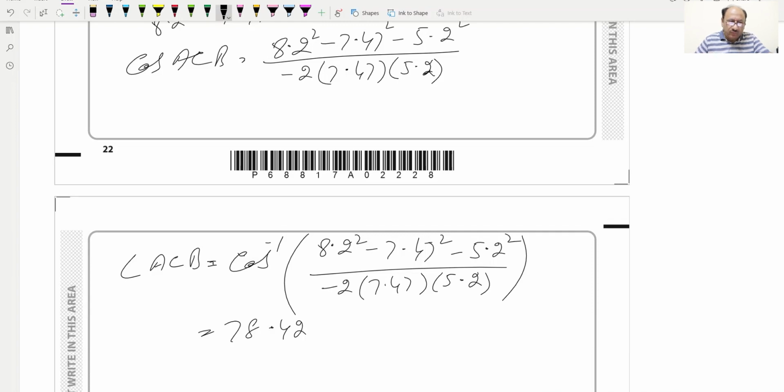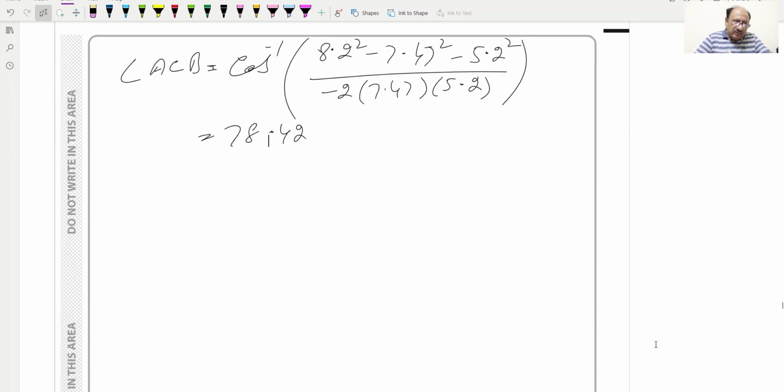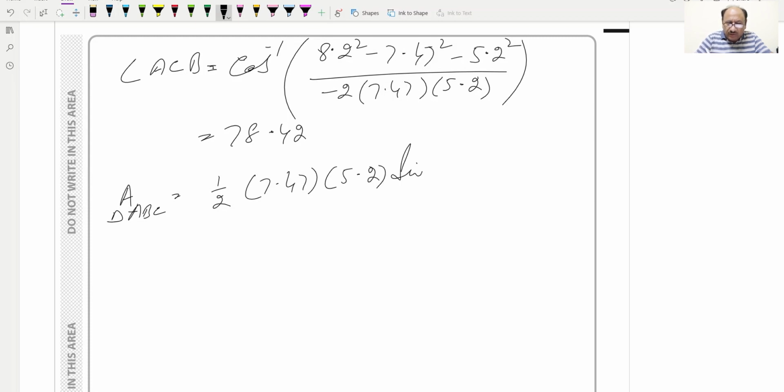Next we can write the area of triangle ABC, which will be equal to 1 by 2 into one side, 7.47, into the other side, 5.2, into sine of angle 78.42.